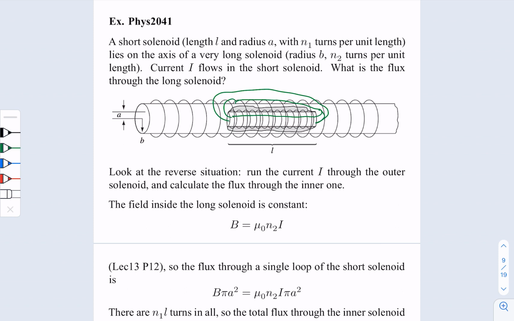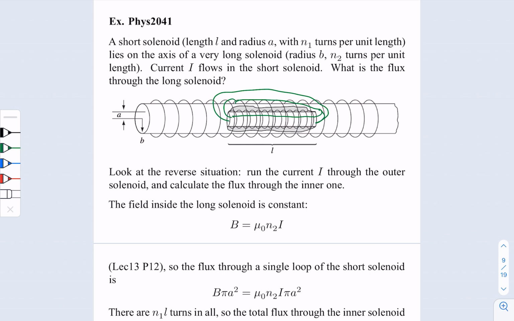But we can actually look at this problem from a different perspective. Even though you run a current and want to calculate the flux through the long solenoid, that is only determined by your mutual inductance M12.